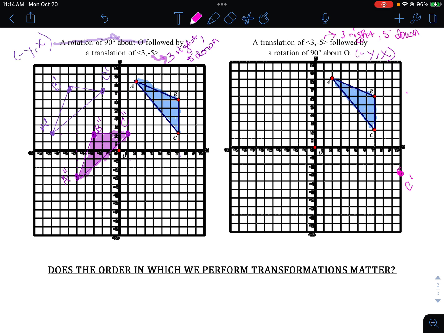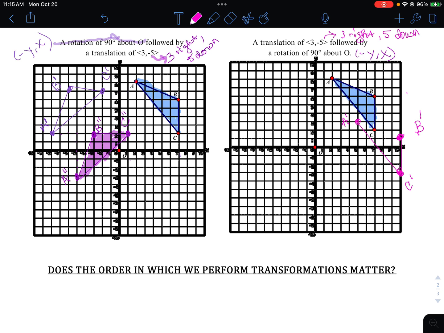Same count here: here is B prime. Here is A prime, and I'm going to connect these dots.